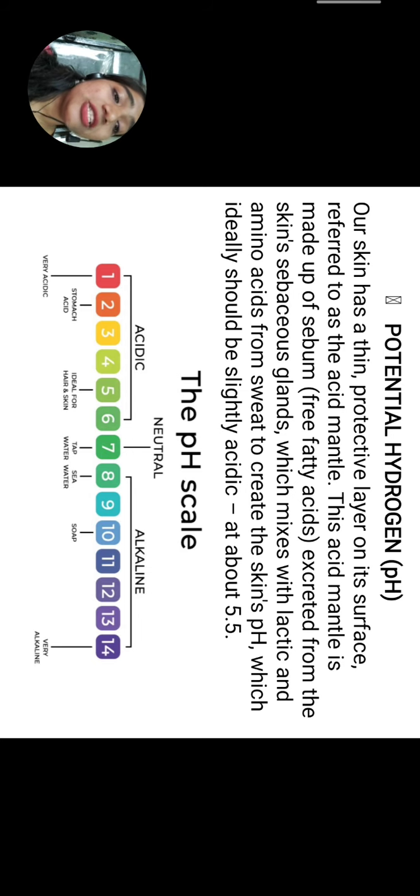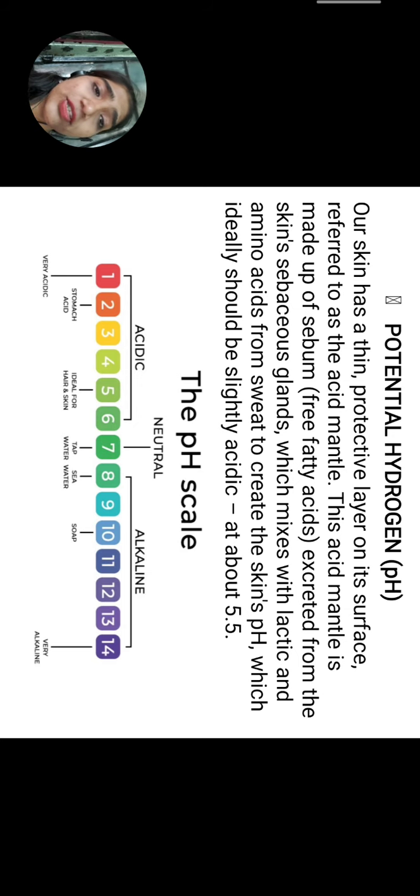Very alkaline means dry. So seawater and soap are products on the dry side, and dry skin pH normally falls on the alkaline side. Whereas the acidic side of the pH is more towards oiliness. Stomach acid is one of the examples they have given, and the oil in our skin. So the pH level of oily skin is always towards the acidic side.